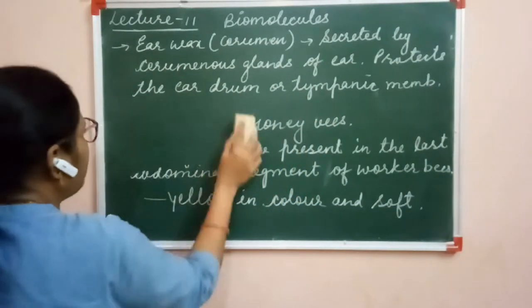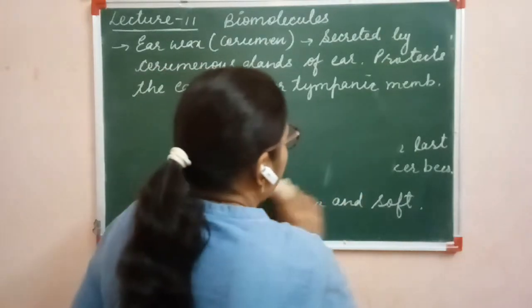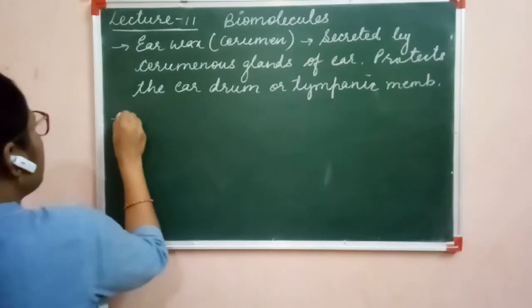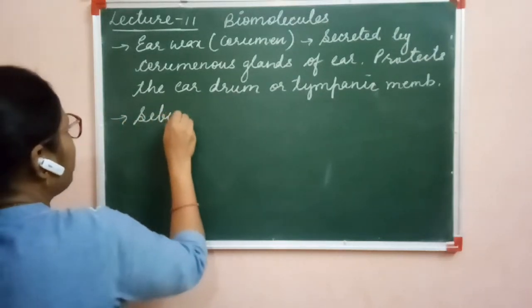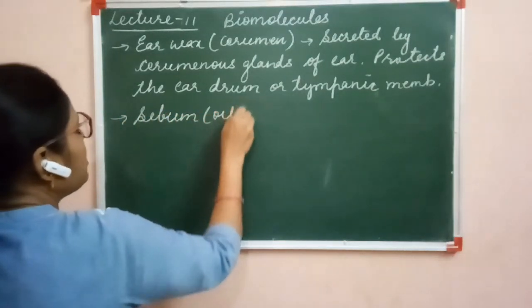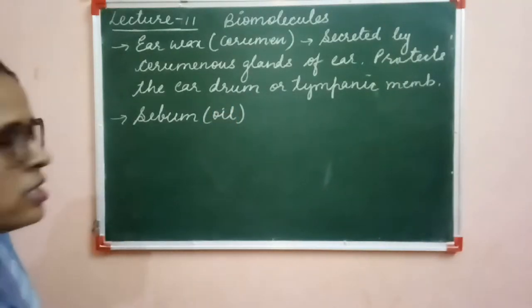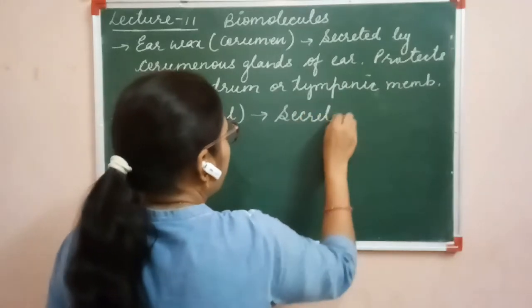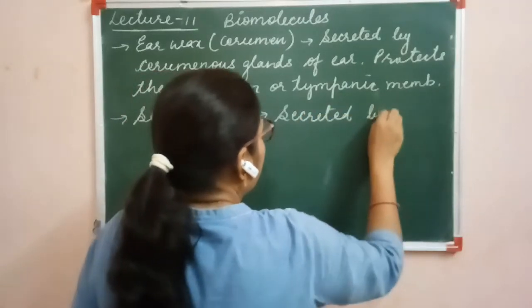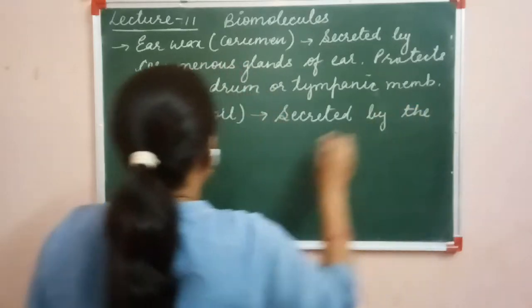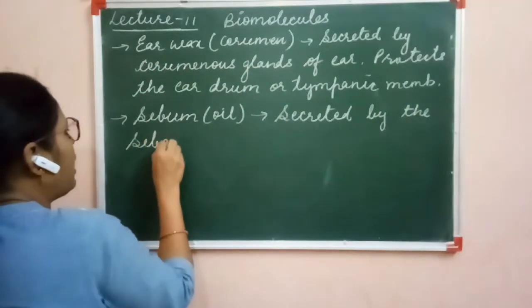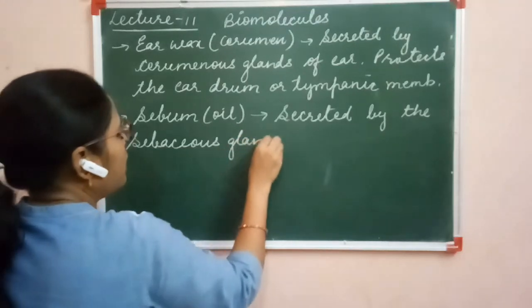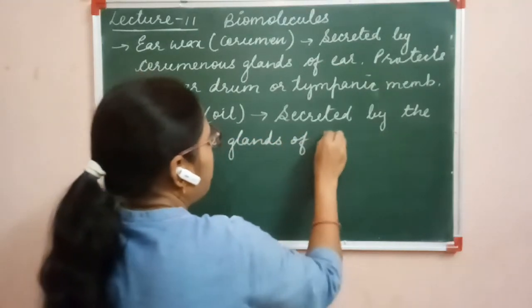The next type of wax is present in the sebum. What is sebum? Sebum is the oily secretion of the sebaceous glands of the skin.